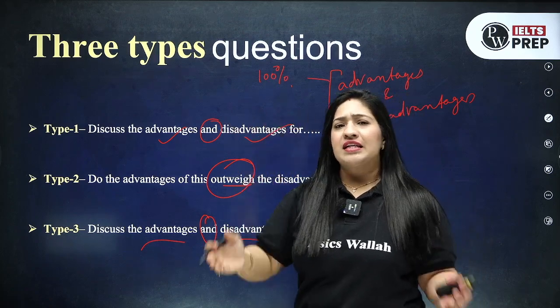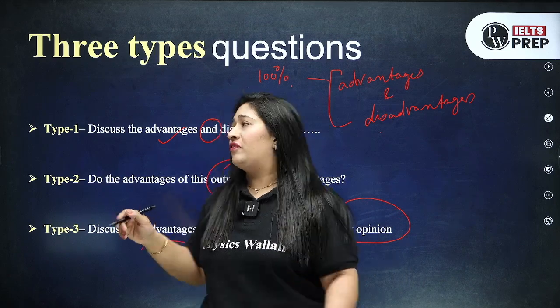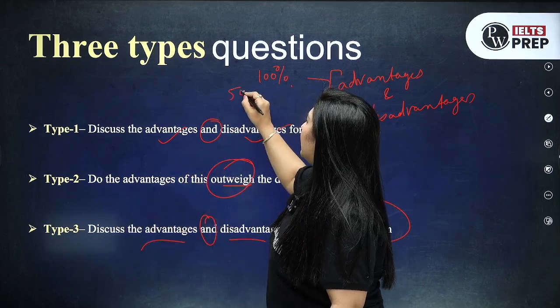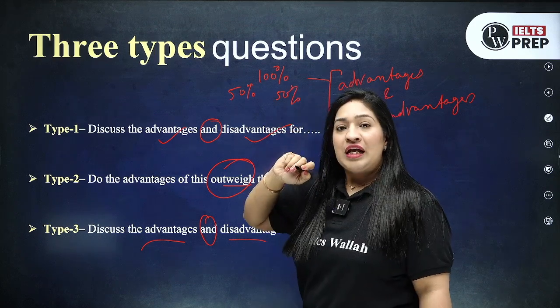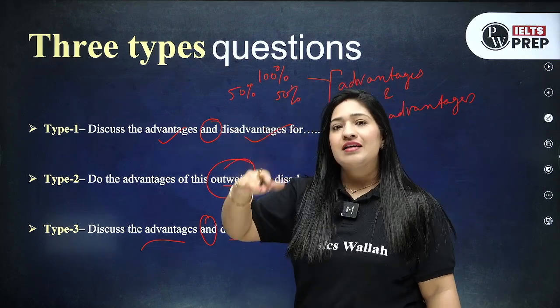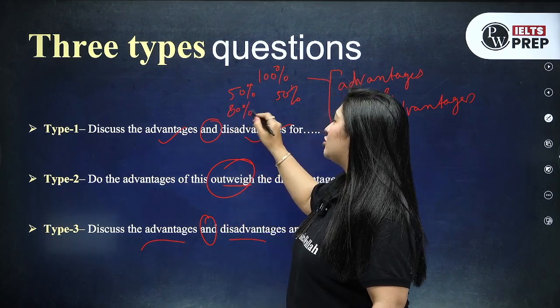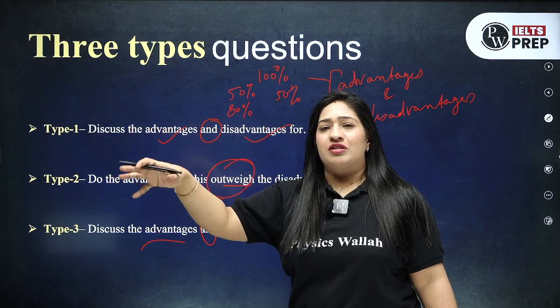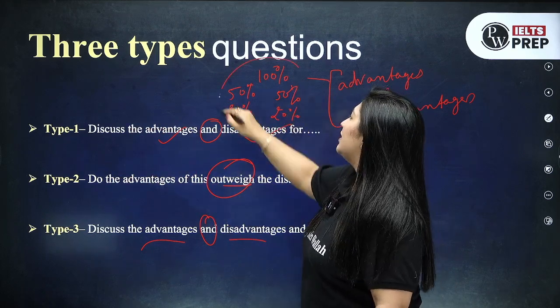If you think it has advantages and disadvantages, you can write your essay 50-50, 50% advantages and 50% disadvantages. Now, if you think advantages are more than the disadvantages, make sure you give more weightage to your advantages, writing 80% advantages and 20% disadvantages. So you have these three structures.